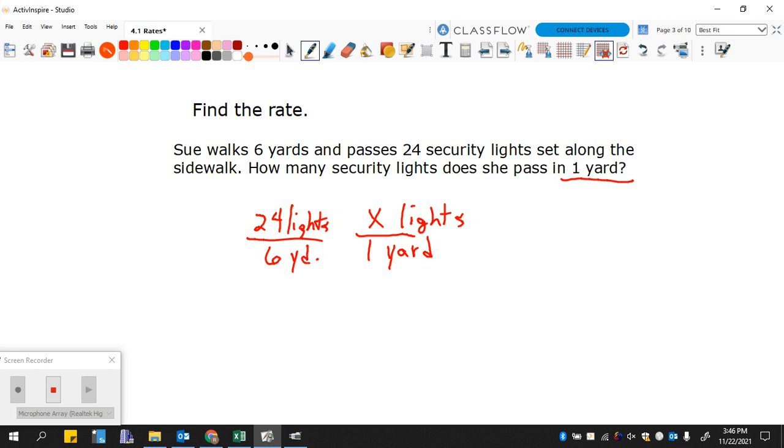And so we just divide everything by 6, and 6 divided by 6 comes down to 1, and 24 divided by 6 is 4. So that means there are 4 lights in front of every 1 yard.